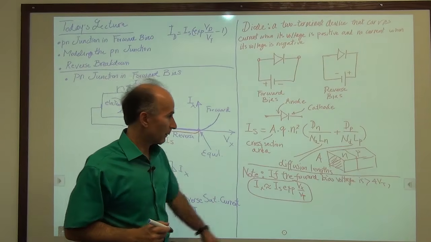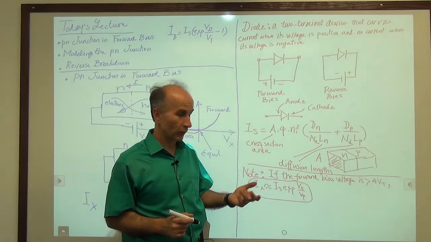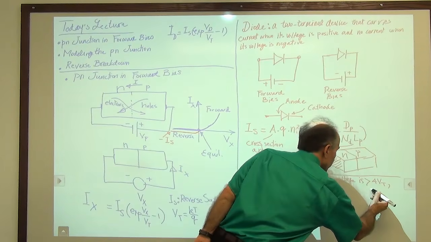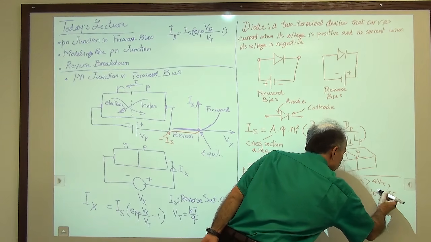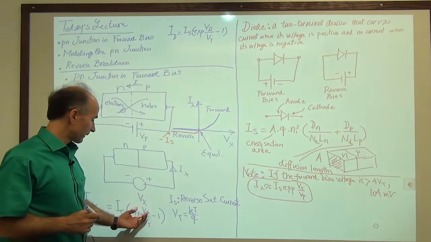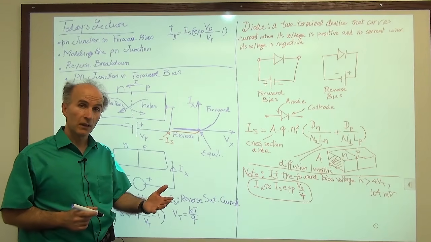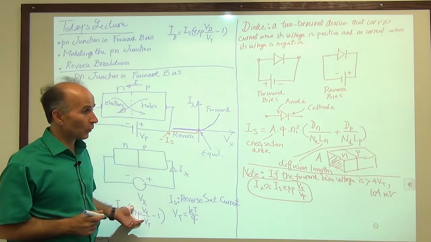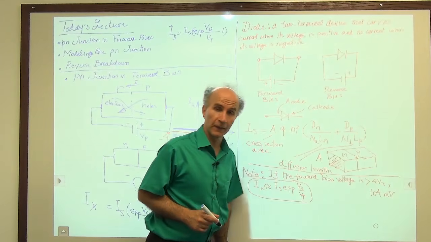Why? Well, how much is 4 Vt? Vt is 26 millivolts, so 4 times 26 is 104 millivolts. So this is 104 millivolts. And as we will see, in most practical applications, the voltage that we have across the diode is on the order of 700 to 800 millivolts. So that means that this exponential is gigantic, right? It's orders and orders of magnitude greater than the exponential that we get with 4 Vt.